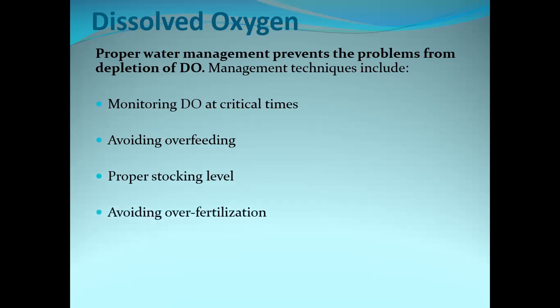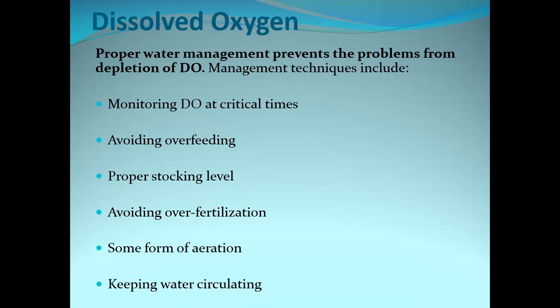If you have ponds, you want to avoid over-fertilization because over-fertilization would lead to algal blooms. And if your algae becomes too much, remember I told you, too much algae at nighttime means problems. If you have a pond and you realize the oxygen is low, add some form of aeration into it.